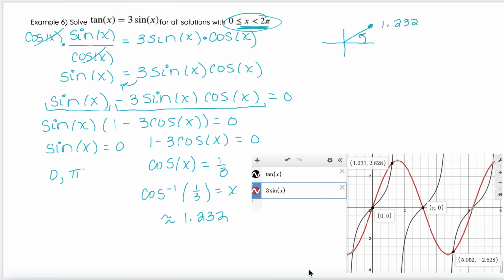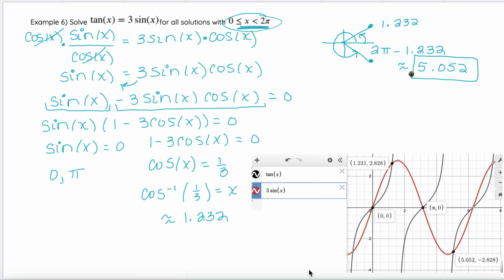But I also know that cosine is positive in my fourth quadrant. So what is the value in radians from here all the way around to here? Well, I can find that by taking 2 pi minus 1.232, and I'll get approximately 5.052.